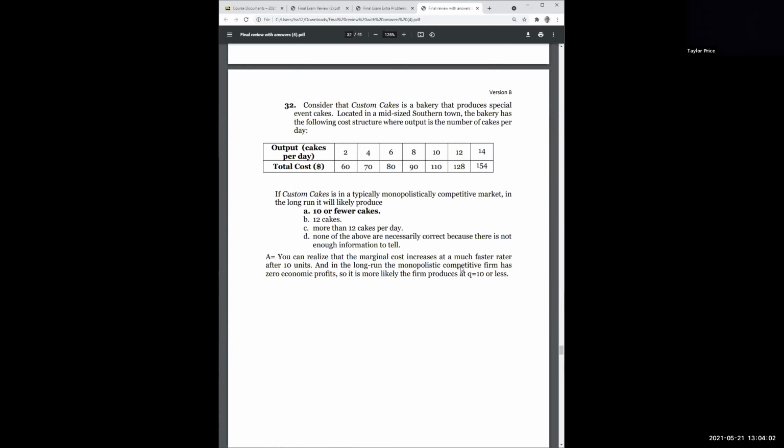Yeah, so for this one, when you were correctly calculating marginal cost, you noted that from 10 to 12 it was 9, and then from 12 to 14 it was 13. So when you're doing marginal cost, look at the numbers and see where it starts to dramatically increase.